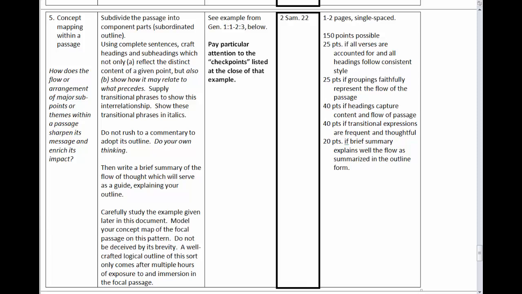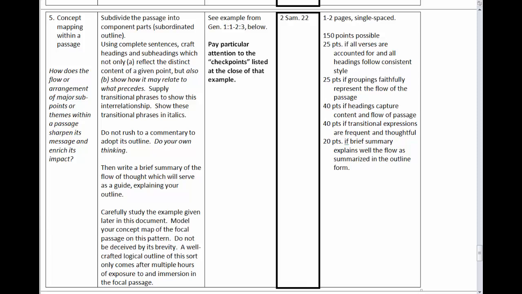Here's how to achieve this explanation or this display of relationship of a given heading to what has preceded. Supply transitional phrases. Again, supply transitional phrases that will explain clearly how you understand, for example, point number 2 to relate to what has preceded, point number 1.